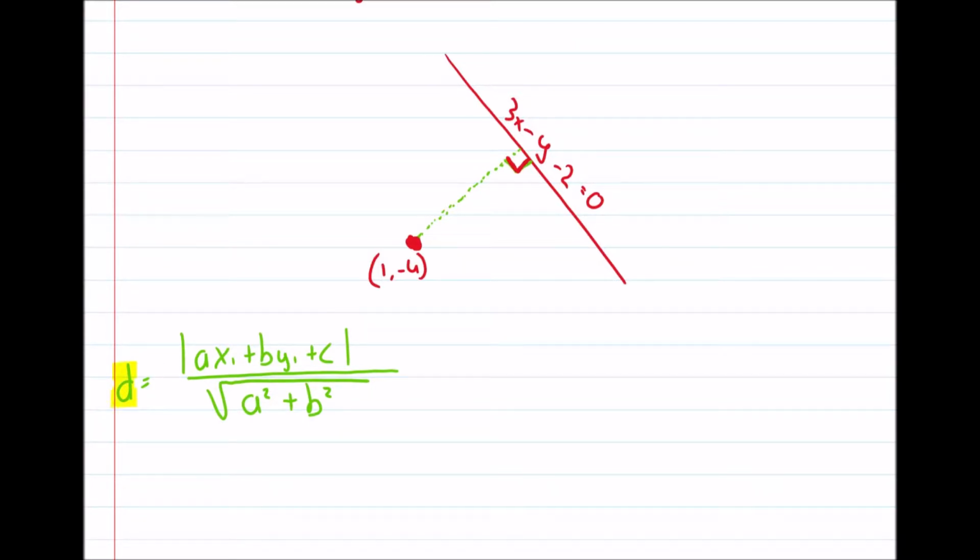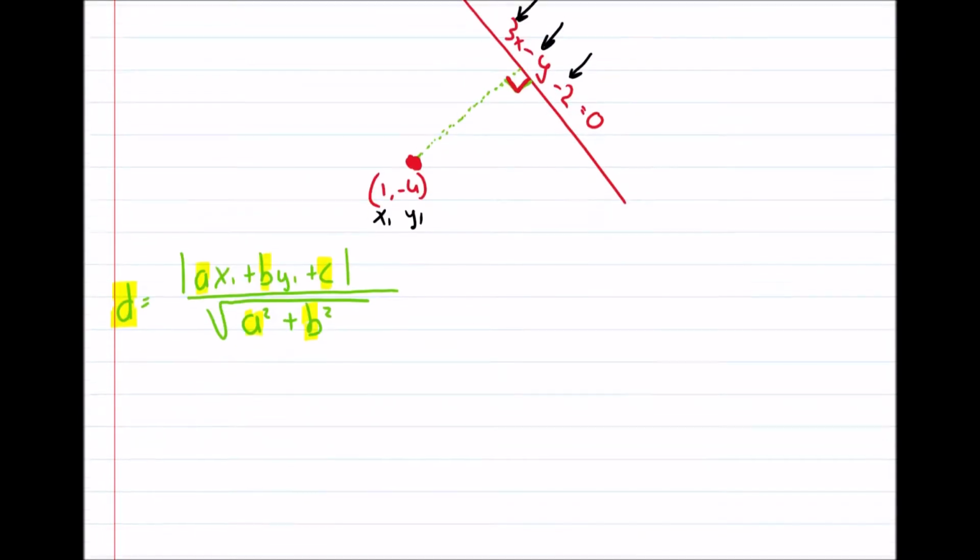So the distance from the point to the line is the modulus of a x1 plus b y1 plus c, over the square root of a squared plus b squared. a is the number in front of the x, b is the number in front of the y, c is the constant, and x1 and y1 are the coordinates of the point.